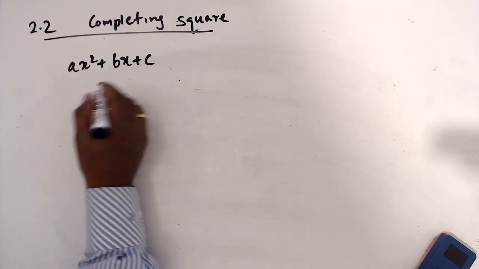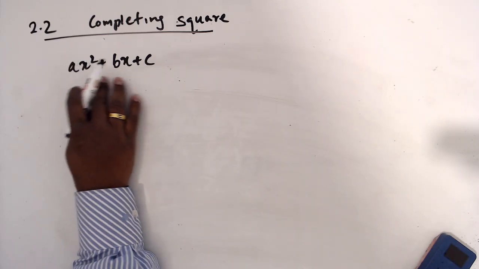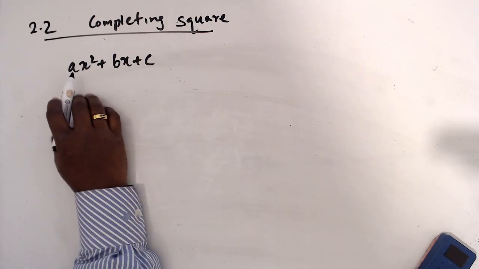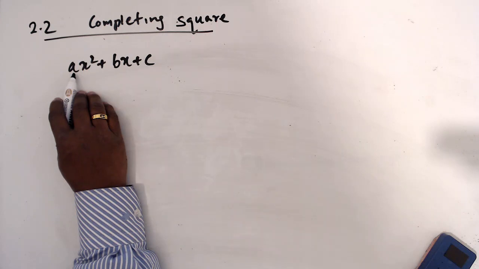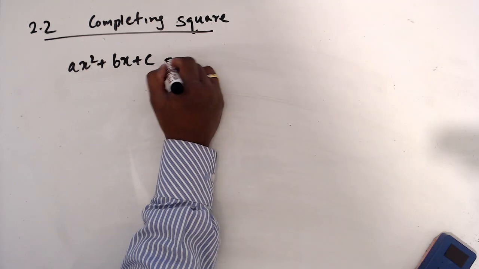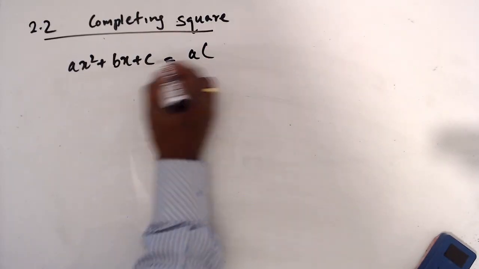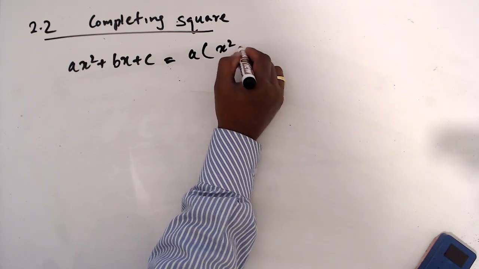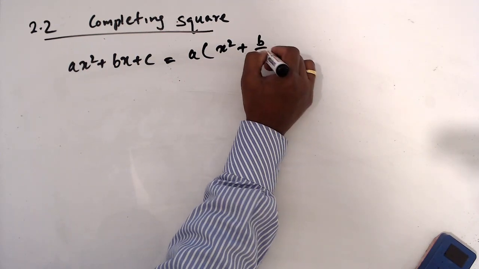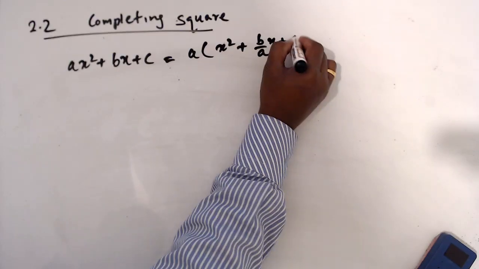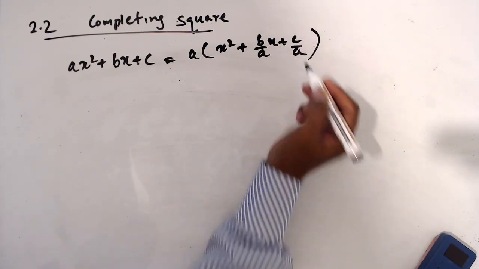So now I am going to complete the square for this one. Now a is an issue. I want to make it 1. So you know that I can simply take a out. Then I can write x square plus b over a x plus c over a.